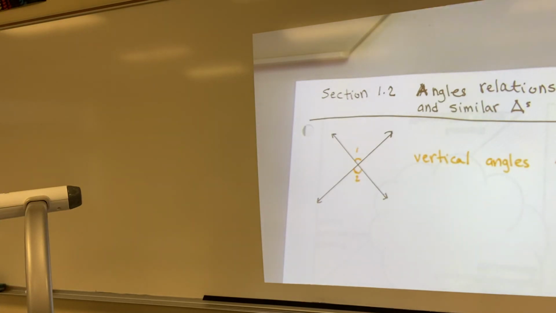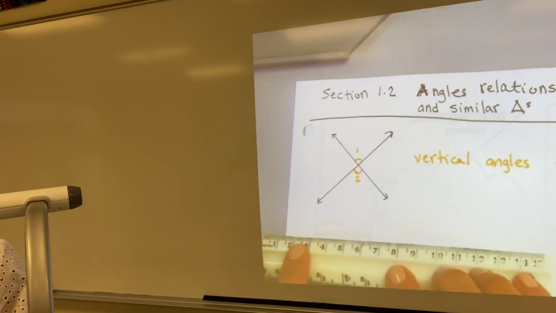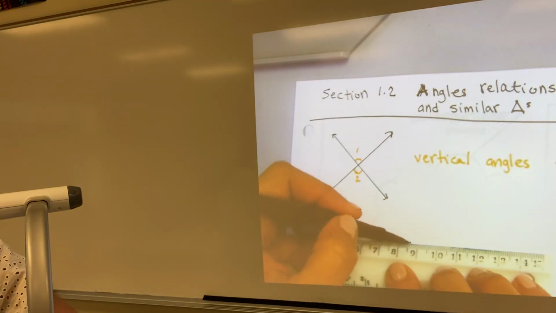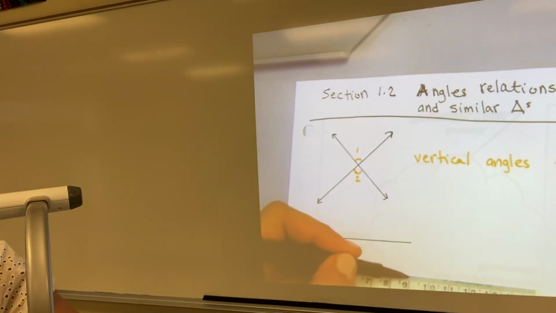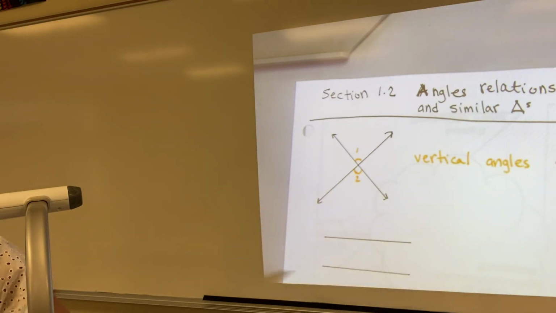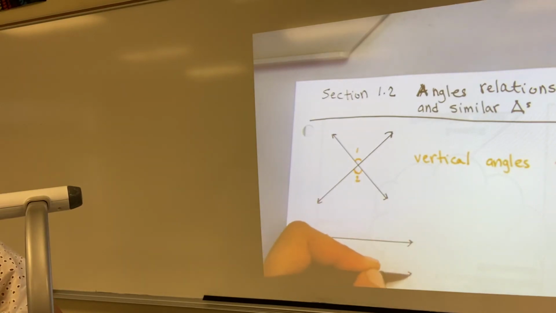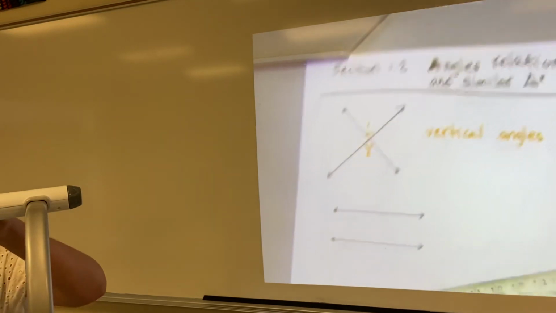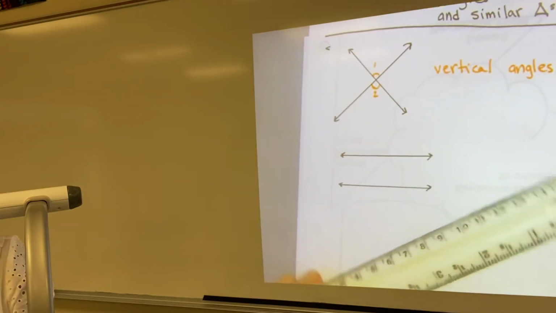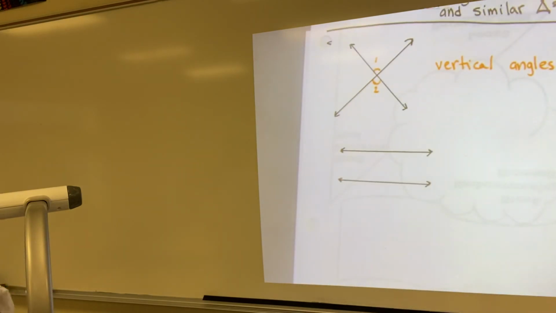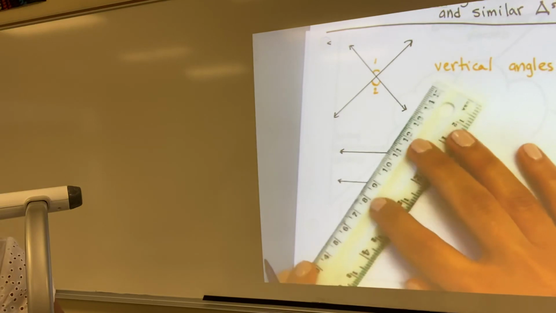Let's look at another case when we have two parallel lines in a plane. This line is parallel to this one. And let's see, there is a third line that crosses these two lines like this.